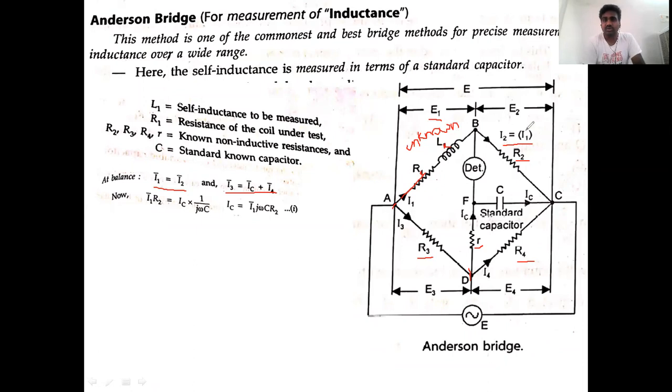So if we observe the voltage drop at this part, E2, it has the current I1, since I1 is equal to I2. That's why it is represented with I1. I1 into R2 is the voltage drop across the second arm.